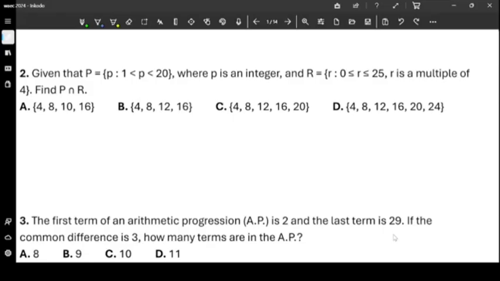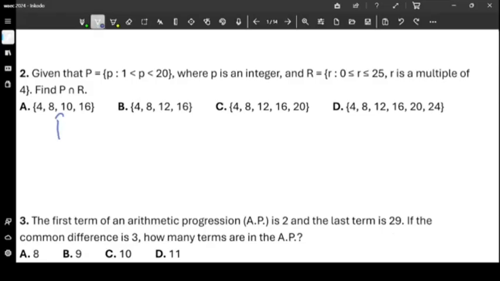So from 2 to 19, all the integers from 2 to 19, that is what is in the set of P. And then for the set of R, we are told that R is greater than or equal to 0 and less than or equal to 25. So from 0 to 25, R is a multiple of 4. So all the multiples of 4 between 0 and 25 are in the set of R. So let's write this out one by one.